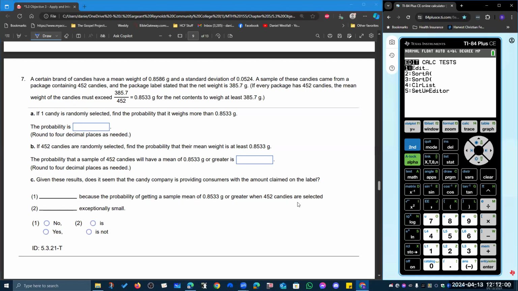Stat, second distribution, normal CDF. So we want more than 0.8533, and we want 1 second EE99. So we want to go to the right. Our mean is going to be 0.8586, and our standard deviation is 0.0524.